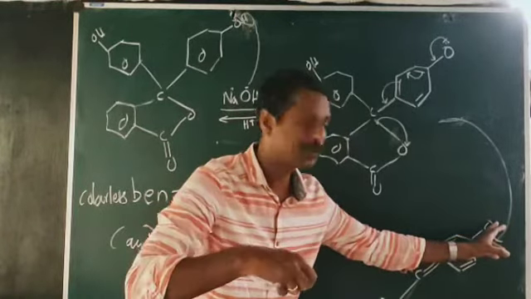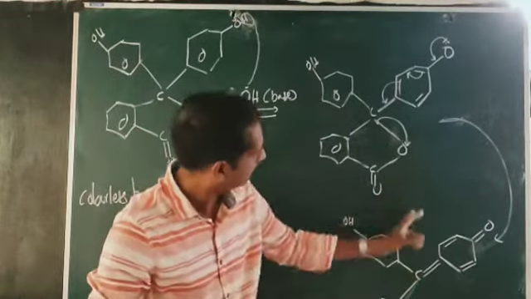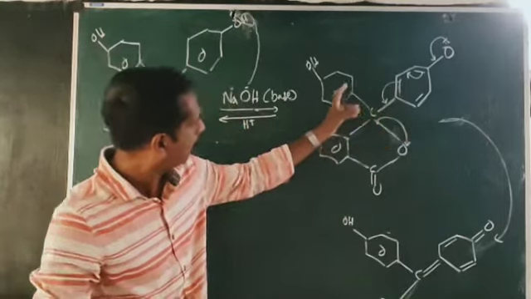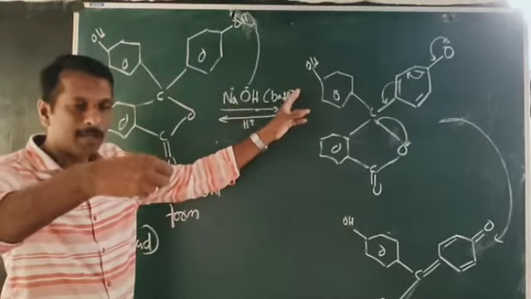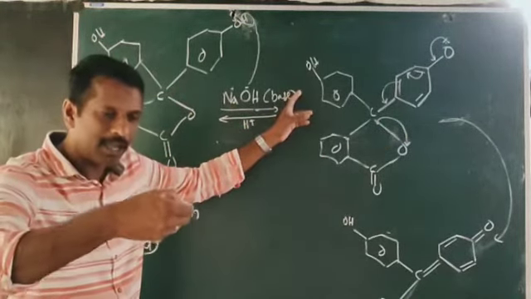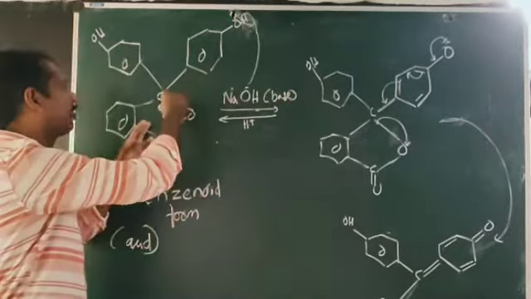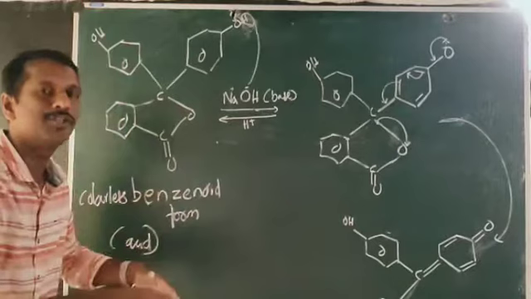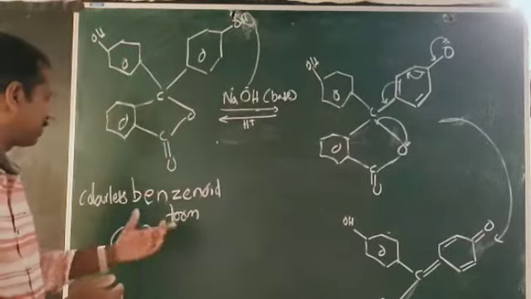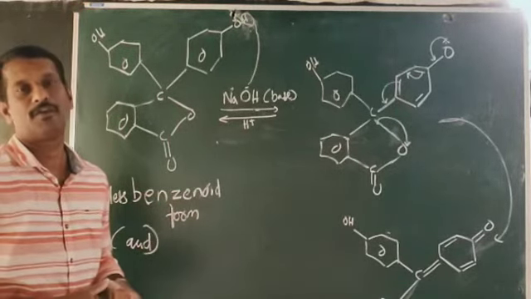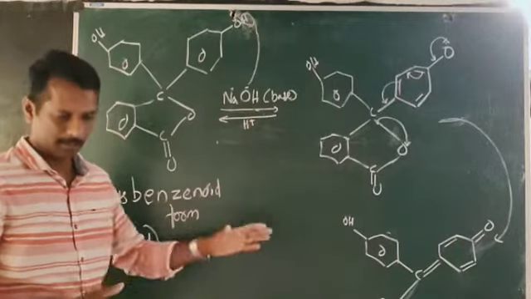It will accept H plus, and the reverse rearrangement occurs, and at a particular point, that means end point, the solution is just changing to acid medium. What will happen to phenolphthalein? Phenolphthalein is just changing to colorless benzenoid form. Clear? Okay.